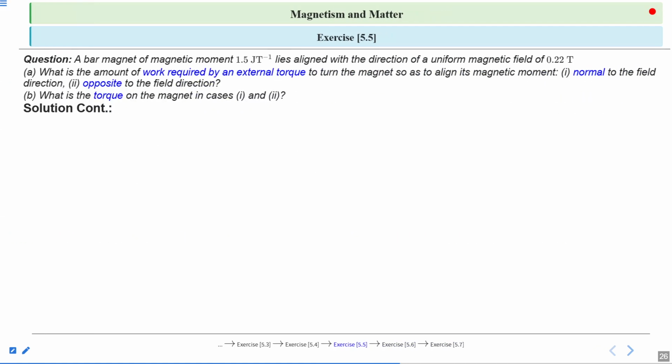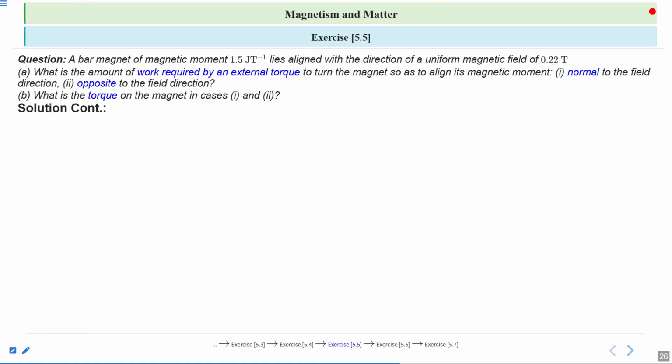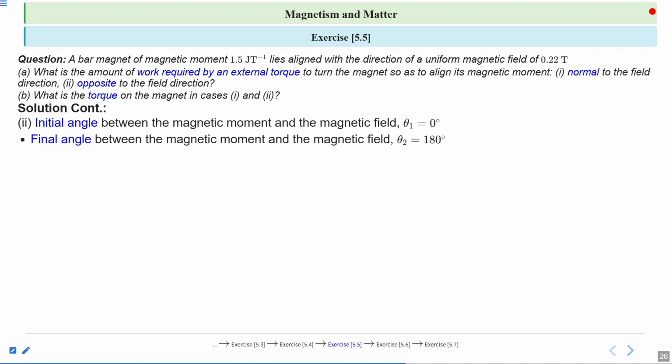Now in A part there is a second sub part. So we are going to do that now. The initial angle between the magnetic moment and magnetic field is given, theta 1 equal to 0 degree. Now for the final angle, we are rotating the bar magnet from its stable equilibrium position to the unstable equilibrium position.